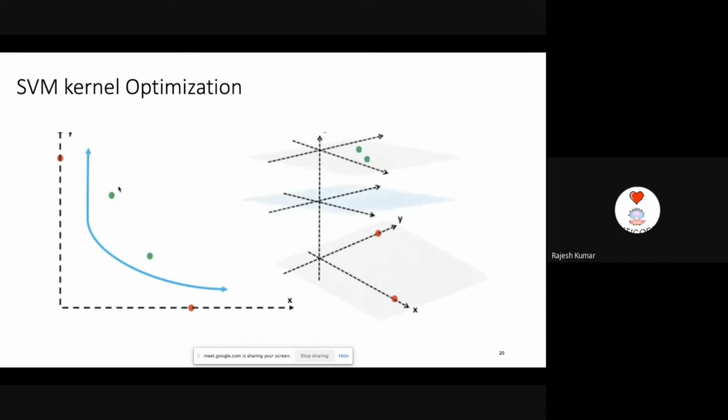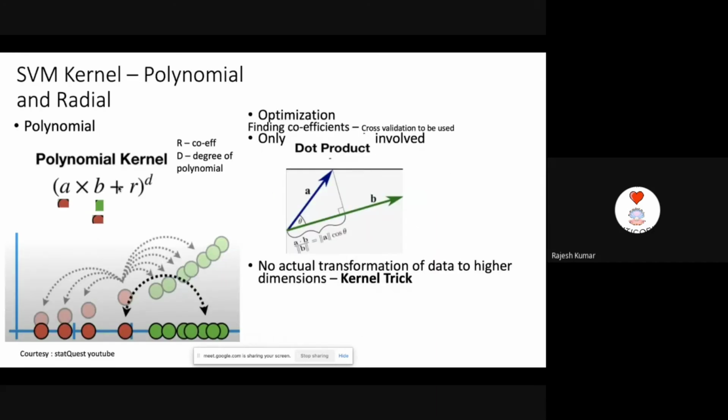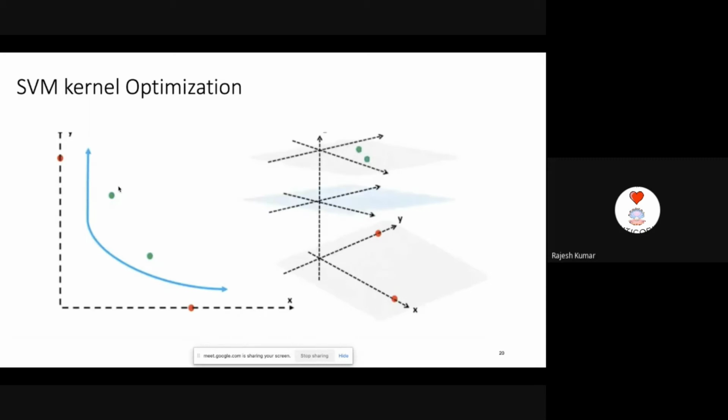Though we say we are moving this to a higher dimension, actually what it does is find the distance between the red and the blue, or the distance between the features x1 and x2. Everything is a mathematical operation. Through that we are moving the features from the lower dimension to the higher dimension, and we know why we are doing that: because we have to have a separate division between the yes or no.